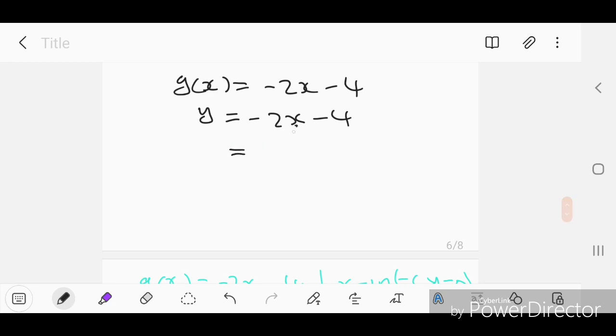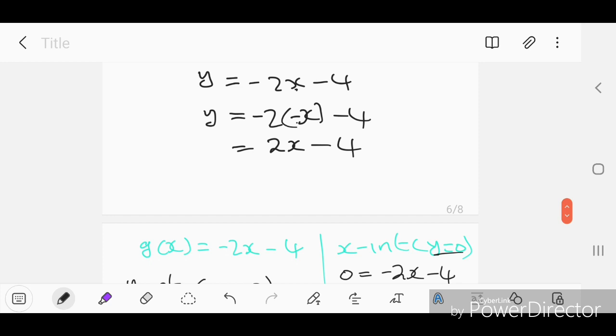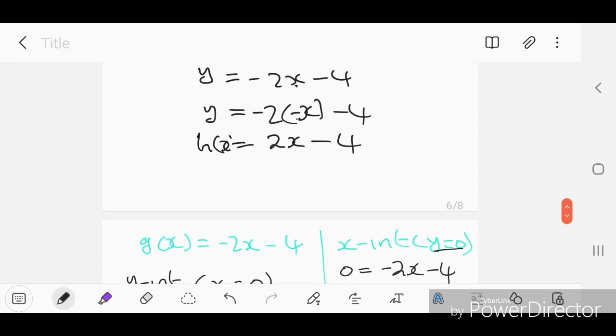In this case, my x is positive, so I'm going to make it negative x. So minus 4, and then this will be y. So this times this is positive 2x, and then minus 4. And then that is h of x because we are saying it's h. So this is the function of h of x.